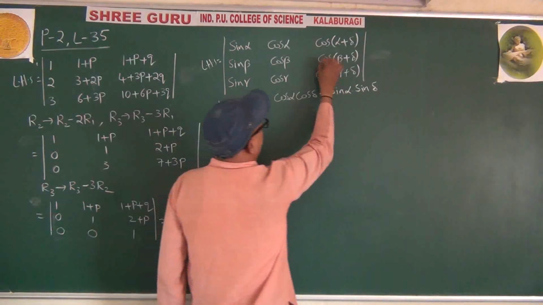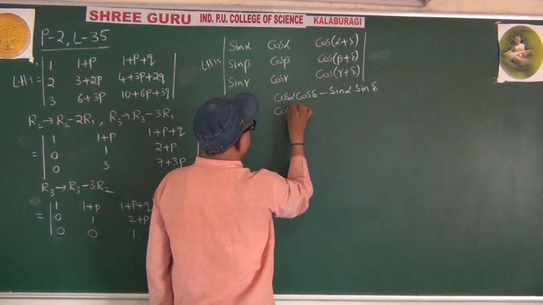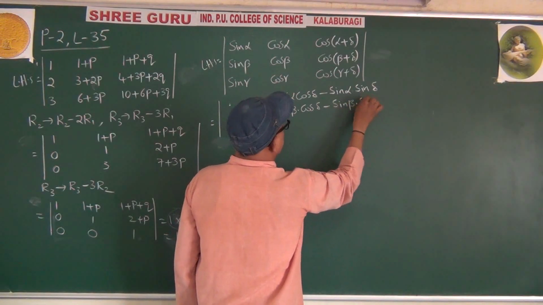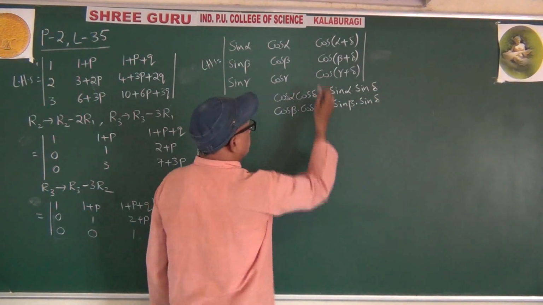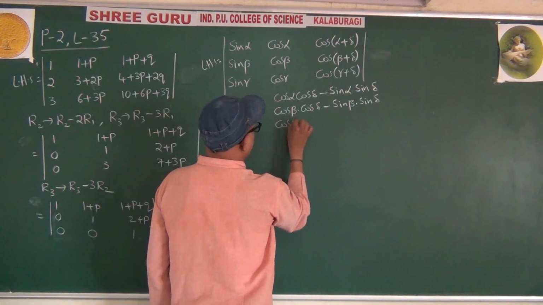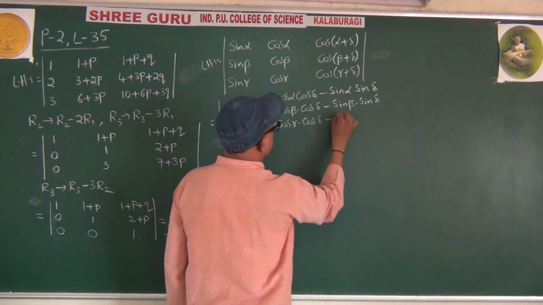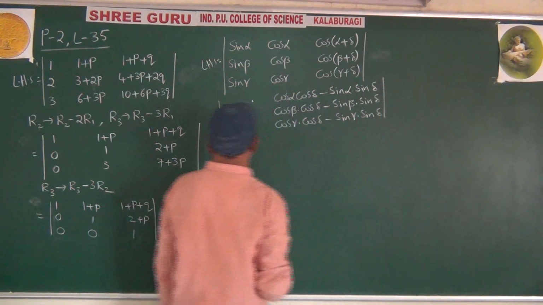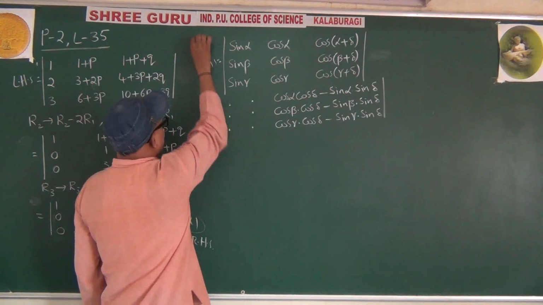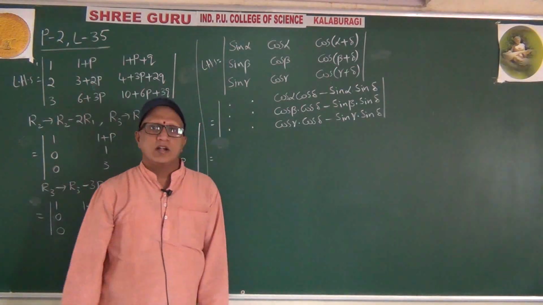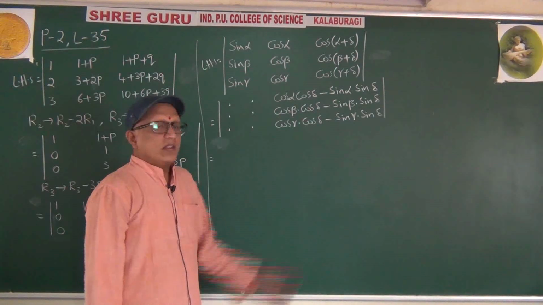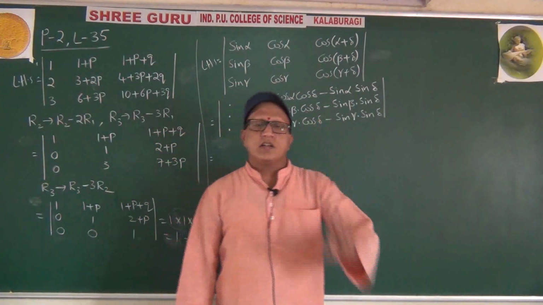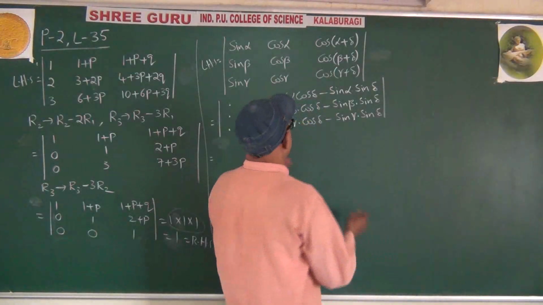Okay, now cos of A plus B, cos A cos B minus sin A sin B equals to, right, there is one property that we can split.